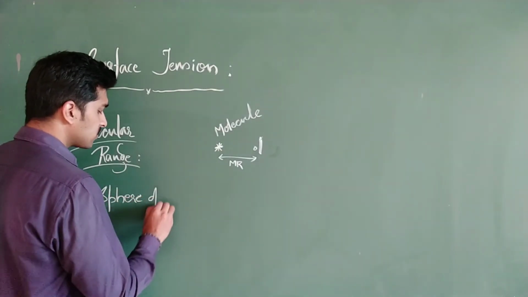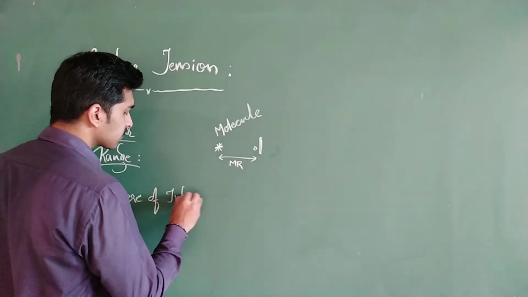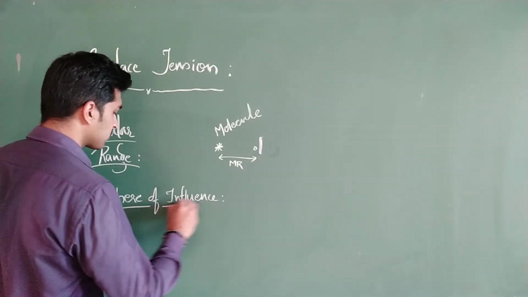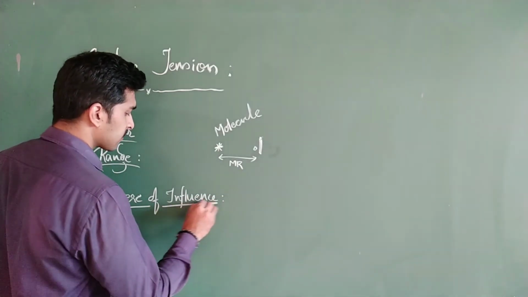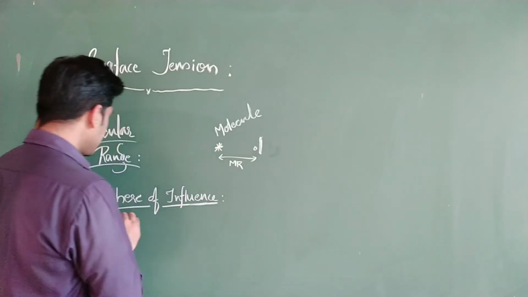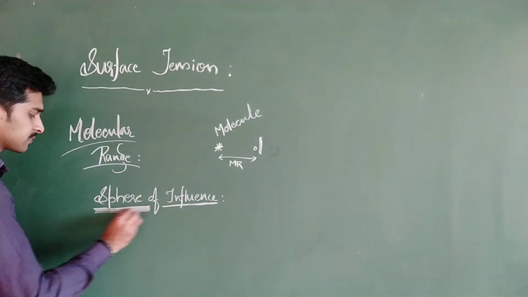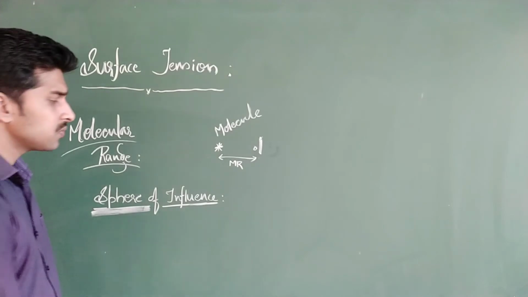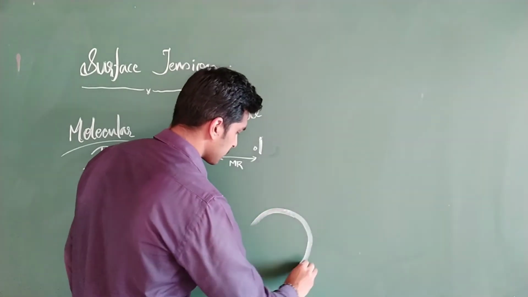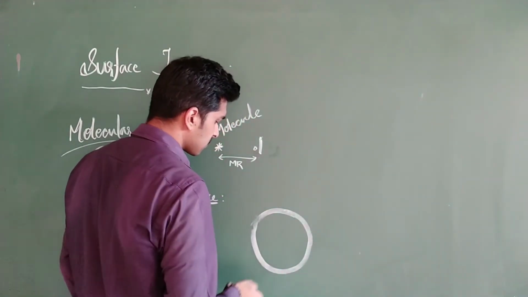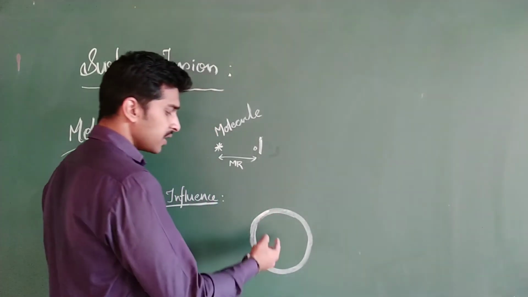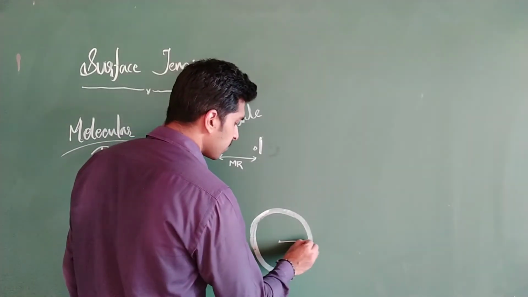Sphere of influence. As the name indicates, this is basically a sphere. Imagine that here we have a sphere whose radius is equal to the molecular range.